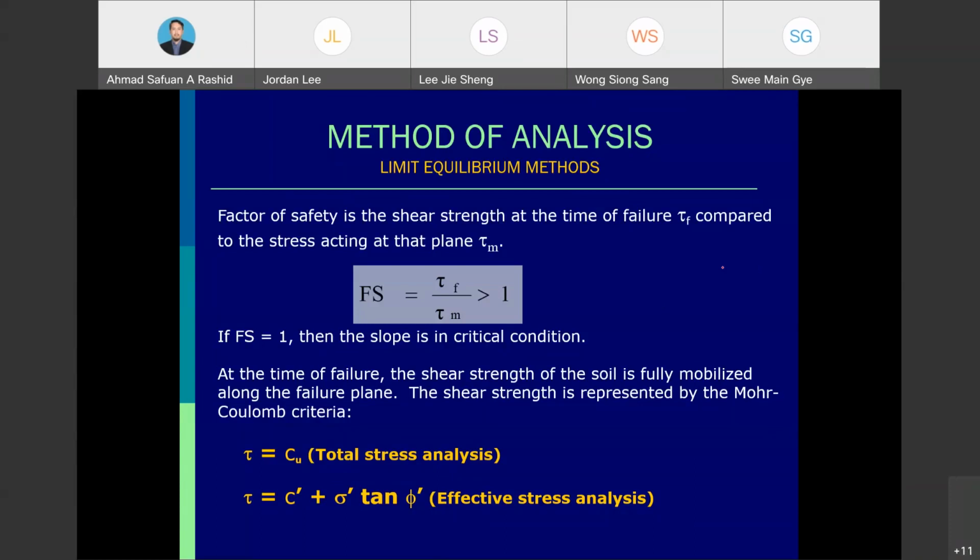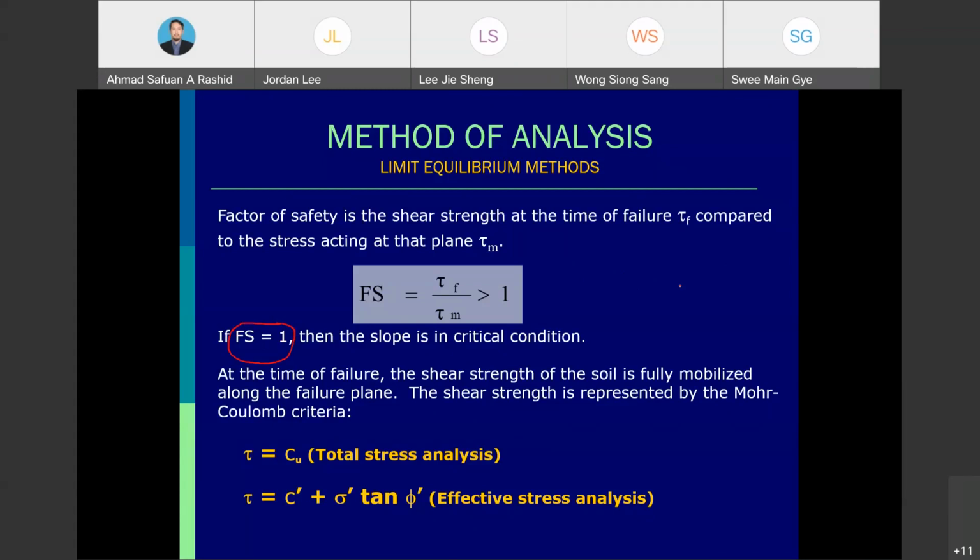If the factor of safety is equal to 1, then the slope is in a critical condition. This is not good, or wise, to design for a factor of safety of the slope equal to 1.